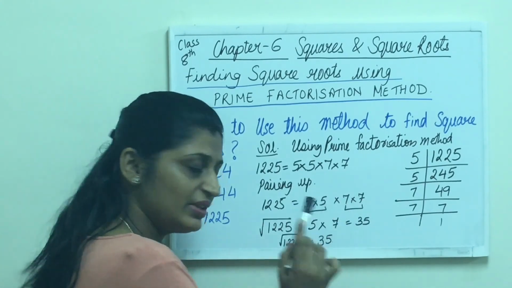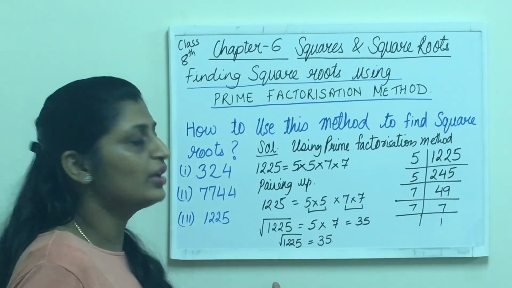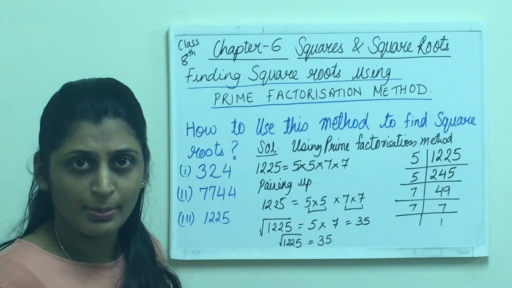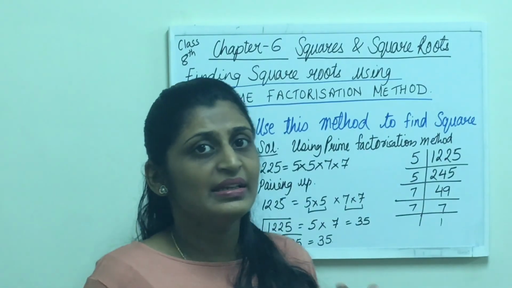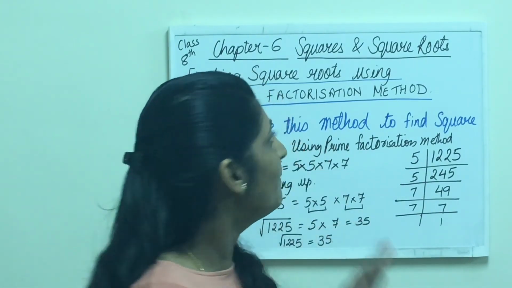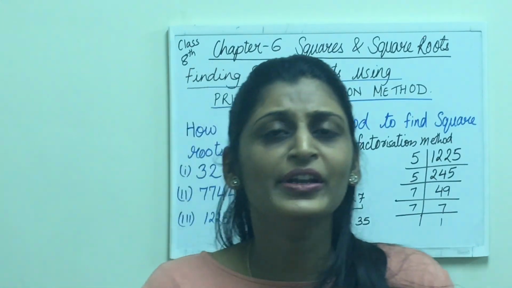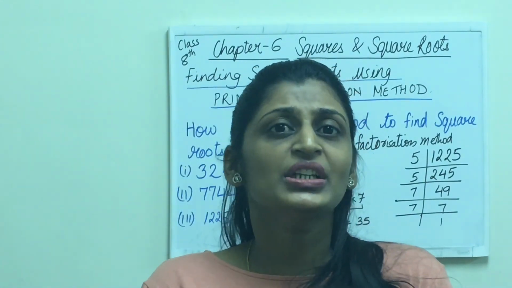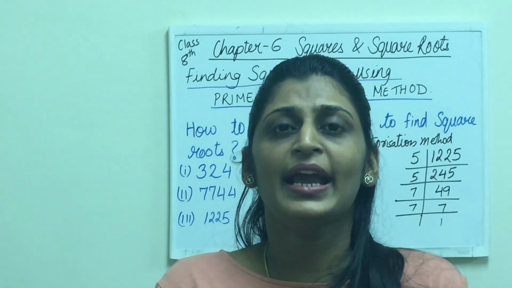From two 7s we will take one 7. And then we will conclude with the square root of the given number. It's very easy, and this is for reference. This complete video is a reference to solve question number 4 of NCERT Exercise 6.3.